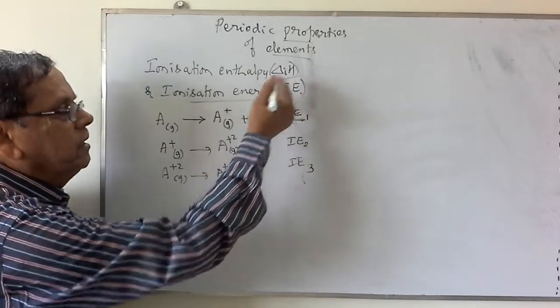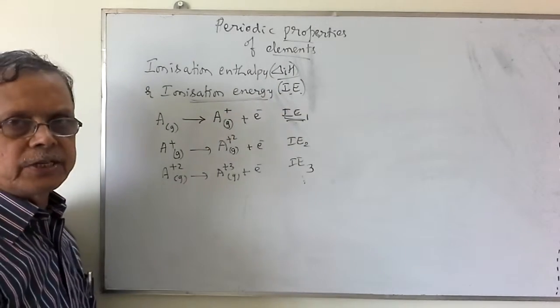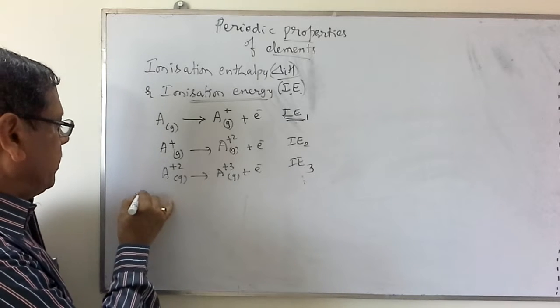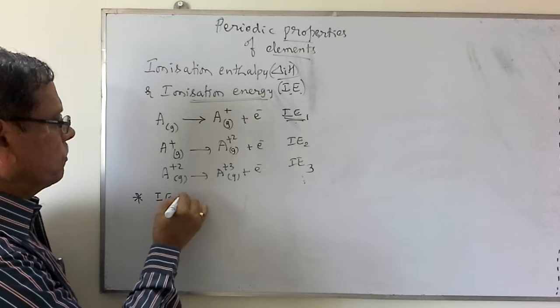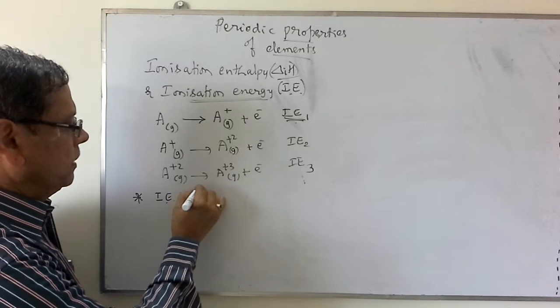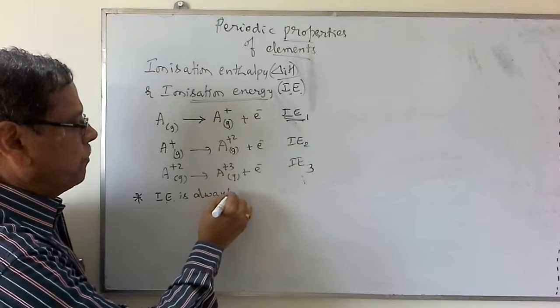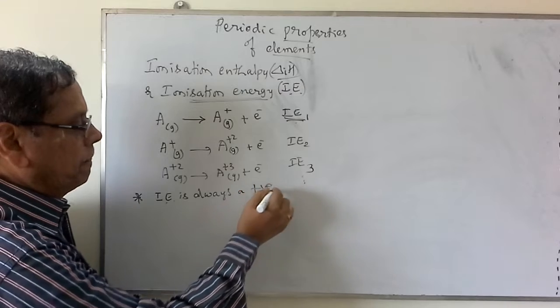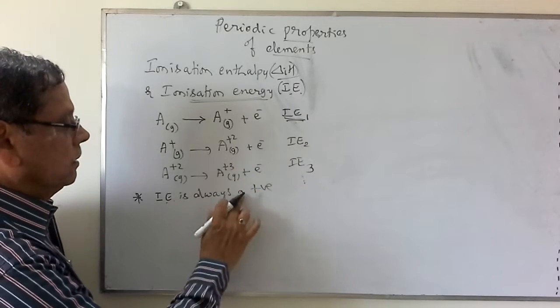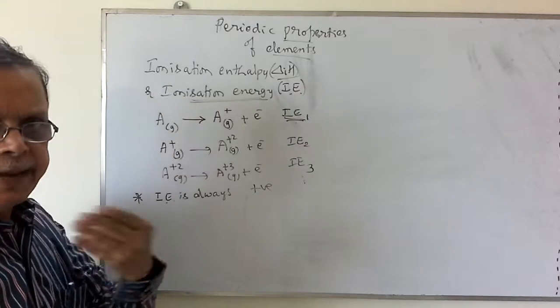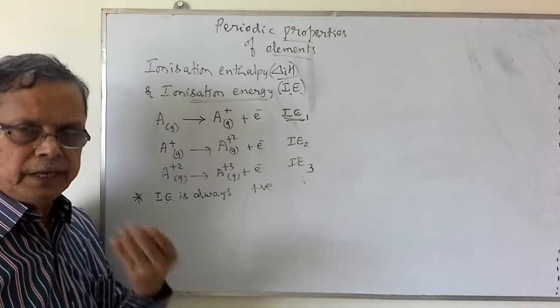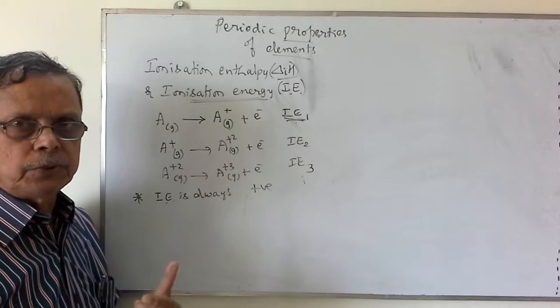There are some important points to remember on the ionization energy. The first point is, IE is always a positive quantity. In thermodynamics, we will come across that energy absorbed is called positive.